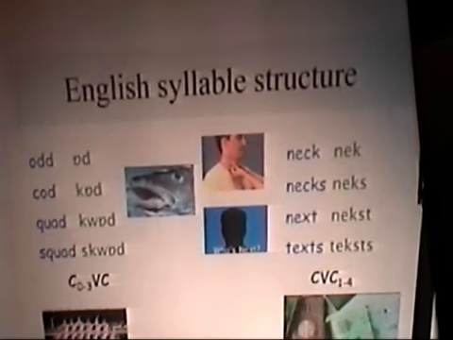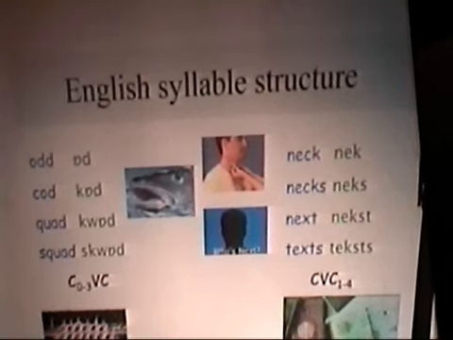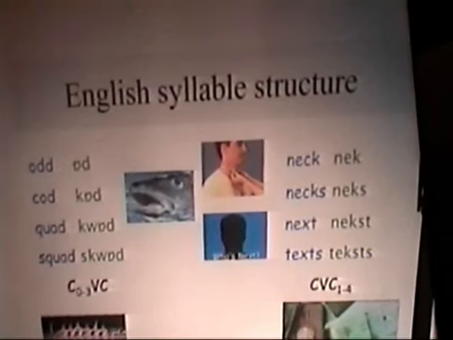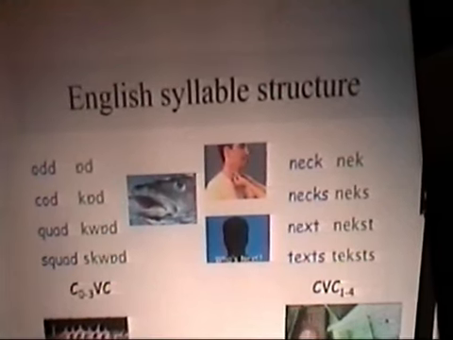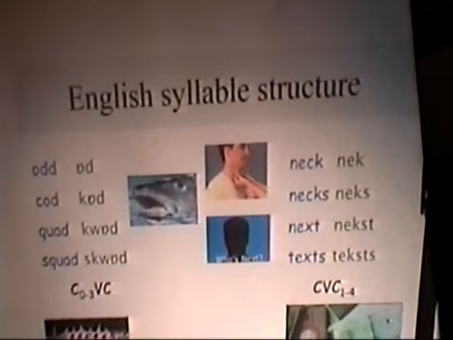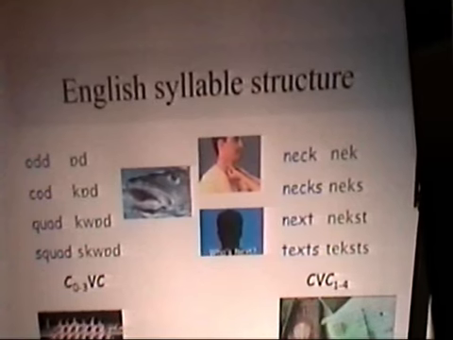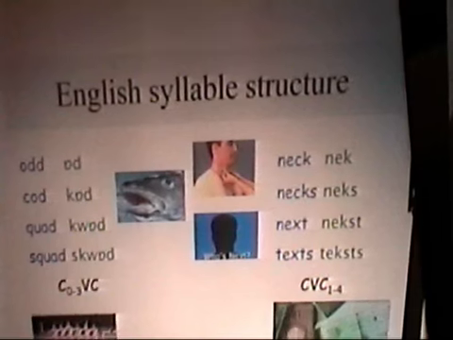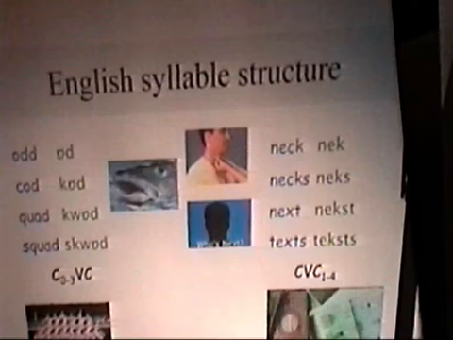Well, we can have necks. That's a plural, but it could equally well be a word like fix or box, where it's all part of the stem. 2 consonants. Next, 3 consonants. And indeed, we can even have 4 in texts, which is a perfectly ordinary word, and yet contains 4 consonants. Here again, we do have to think about the morphology, the fact that texts is a plural of text.